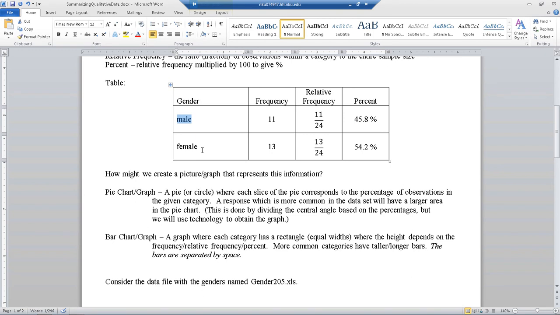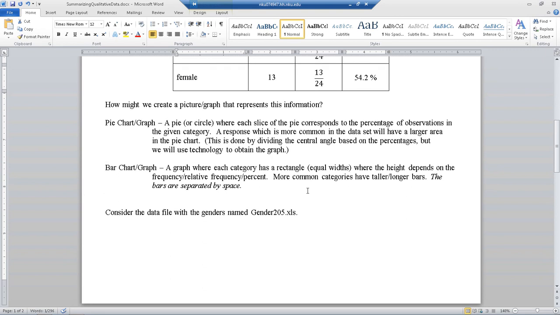So the width is going to be the same. The width of the male rectangle and the width of the female rectangle are going to be identical, so that we're not misleading people in terms of area. And then the height is determined by the frequency, 11 or 13, or the percentage, or whichever term that you use. So you're going to have a separate rectangle for each category.